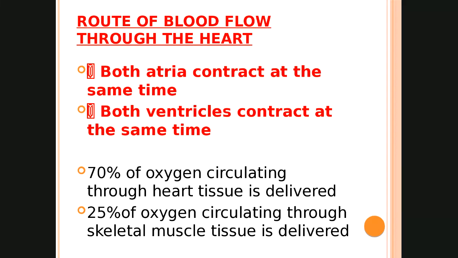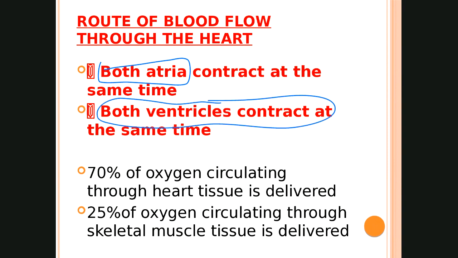When it comes to the contraction of the heart, one thing to remember is that the atria contract first in unison. So both right and left atrium contract together, at the same time. Then there is a short period of rest, and then immediately following, both ventricles are going to contract at the same time, right and left.